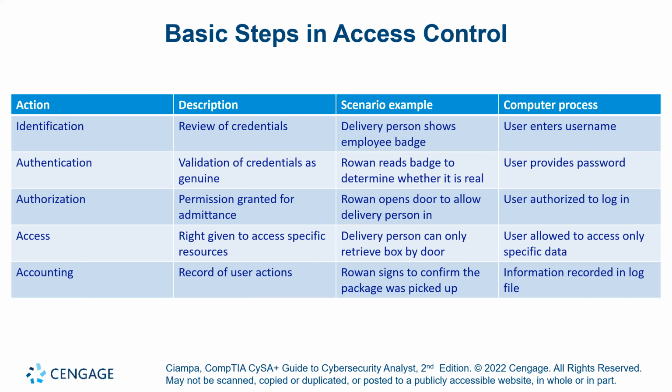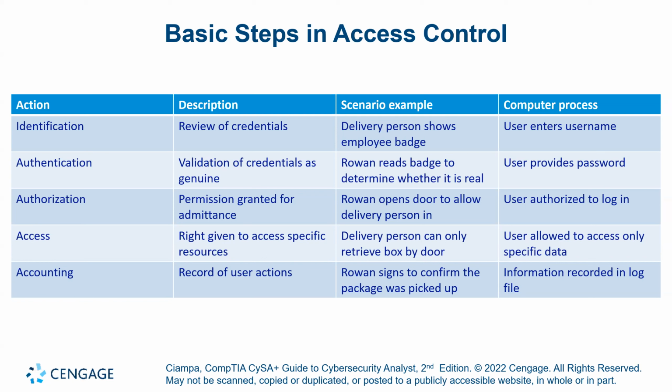Rowan opens door to allow delivery person in. User authorized to log in. Access. Right given to access specific resources. Delivery person can only retrieve box by door. User allowed to access only specific data. So what they're doing here is, the scenario is like a physical example. Computer process is what the digital example would be.